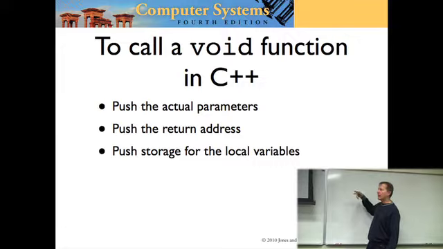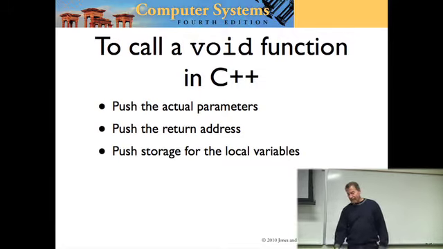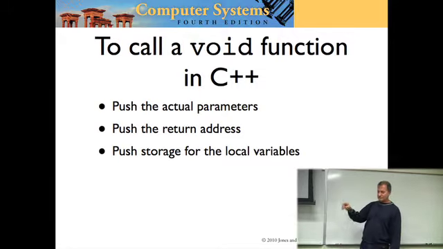Okay, and then what happens right after that statement? Where are you? You're in the function. So whose responsibility is it to push storage for the local variables? That happens in the function. That's the called. Okay. And then what happens in the reverse?